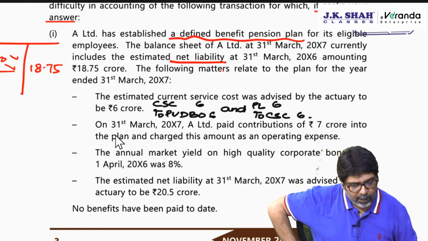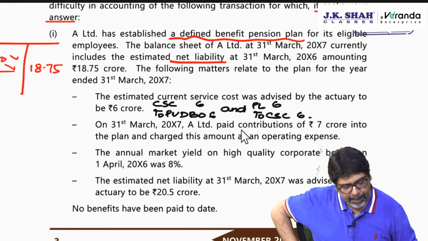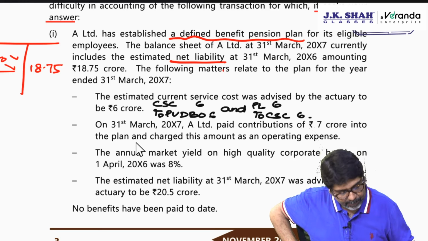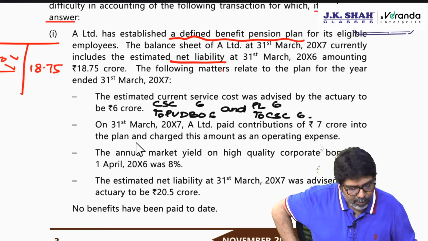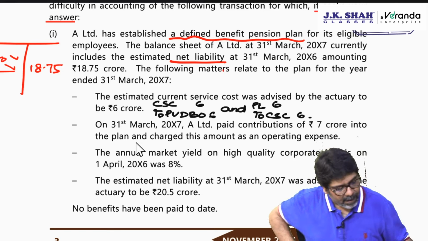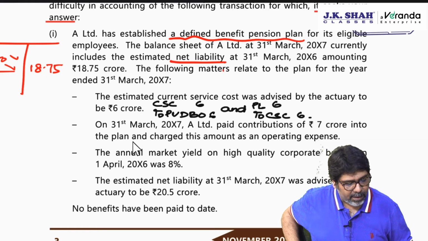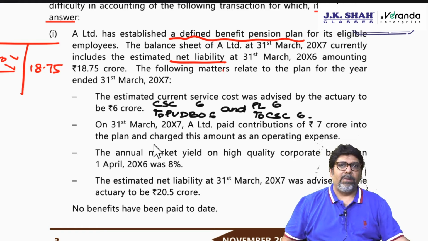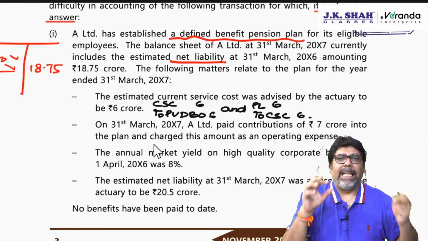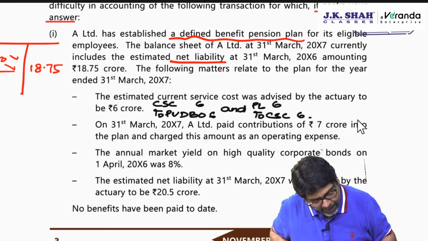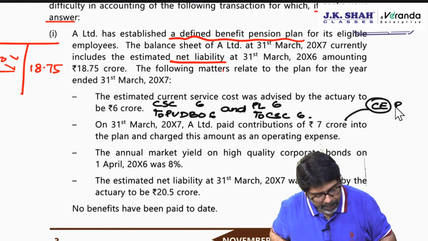On 31st of March, A Limited paid a contribution of 7 crores into the plan and charged this amount to operating expenses. That means they invested in the plan assets, so they should have passed the entry. Correct entry should have been plan assets to cash bank.